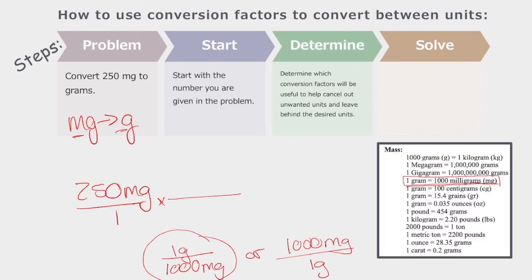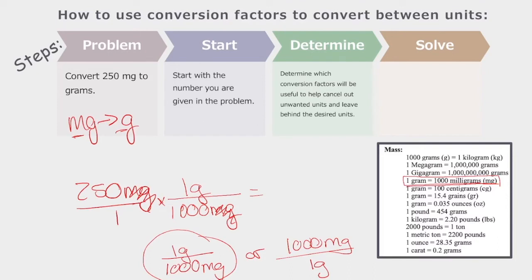So I've got 1 gram over 1,000 milligrams. Okay? So then milligrams cancels out. And then the last step, which I'm going to erase all my progress here if I do this. The last step is to solve by multiplying or dividing. In this case, when we're doing these problems, we can ignore any number that's 1 because 1 is not going to change the value of our answer.